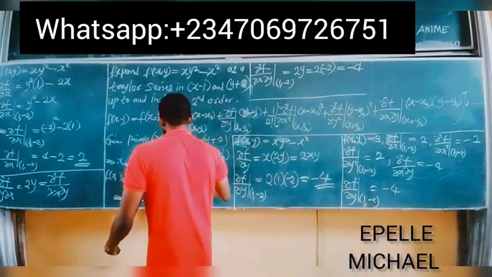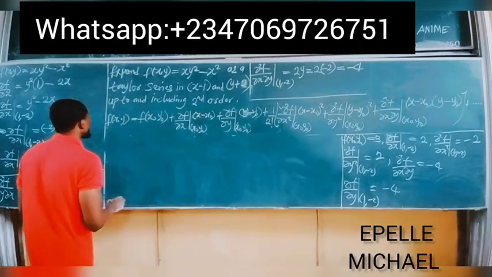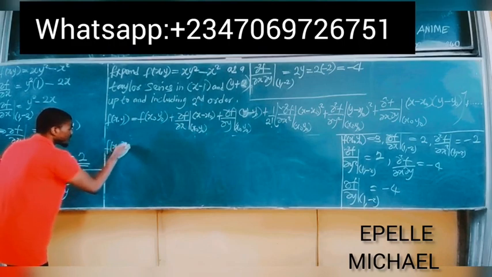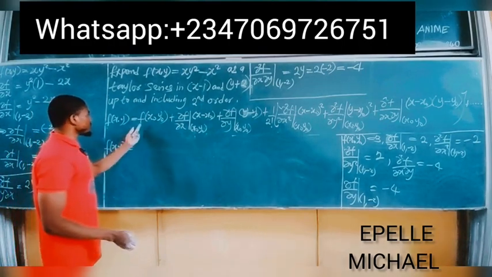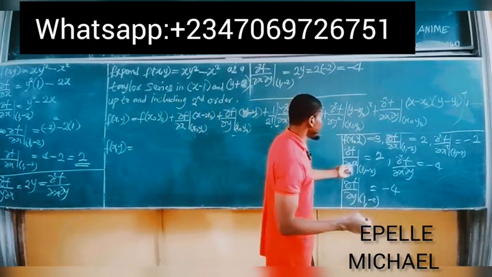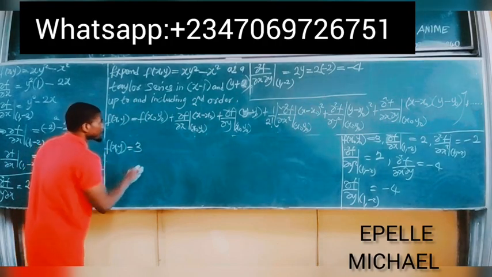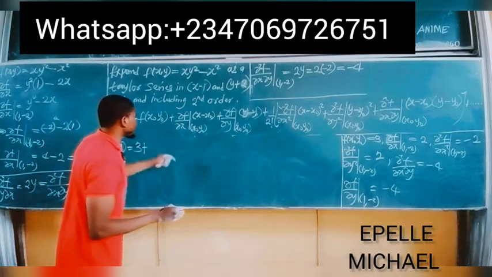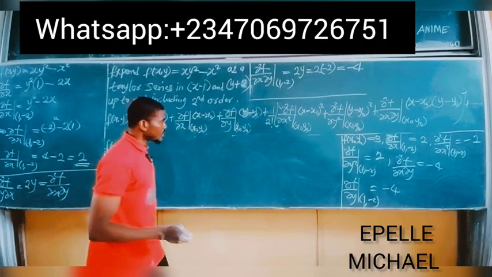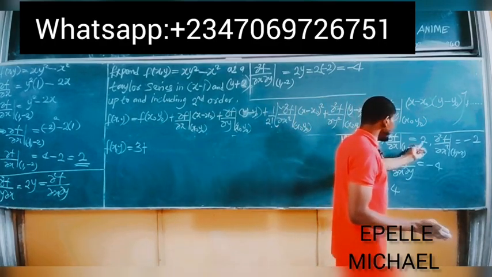I'm going to wipe here now. Okay, the Taylor series of that function f(x, y) is now equal to f(x naught, y naught), the value of the function at the given point, which gave us 3. You put it down, 3 plus, next is the partial derivative of f with respect to x at those points, multiplied by x minus x naught, and partial f partial x at that point gave us 2.